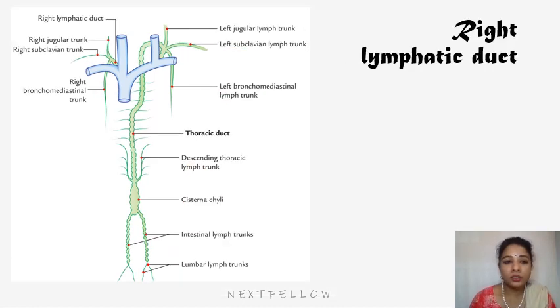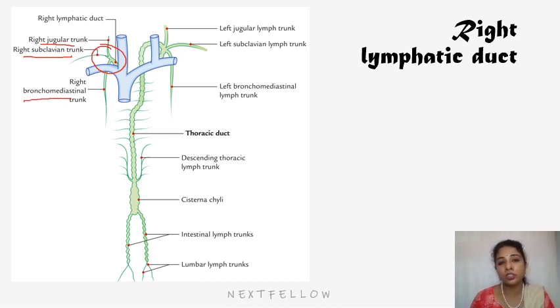So talking about the right lymphatic duct, it has a very short course. It is a short vessel that drains the right half of the body above the diaphragm. It begins as the convergence of right-sided lymphatic vessels. We can see right subclavian trunk, right jugular trunk, and right bronchomediastinal trunk.